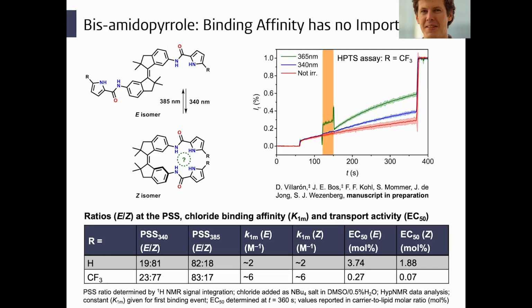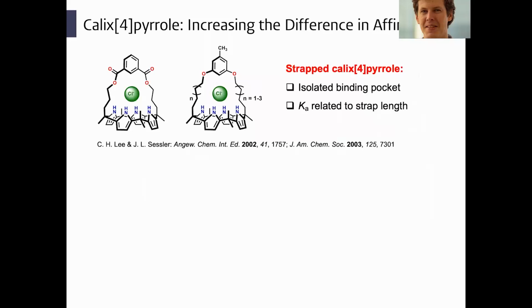But it's very interesting. It very nicely highlights that binding affinity, it's not the only parameter we have to think about. It's also about solubility in the membrane and mobility in the membrane. But still, when we started, we always thought that one of the main things we had to do to control membrane transport was to control binding affinity.